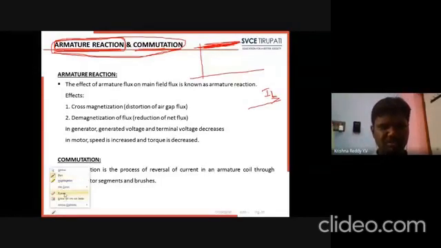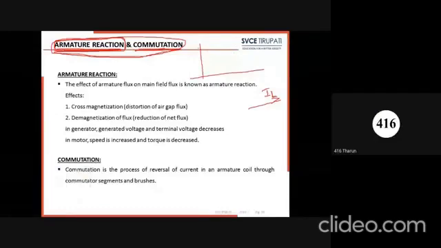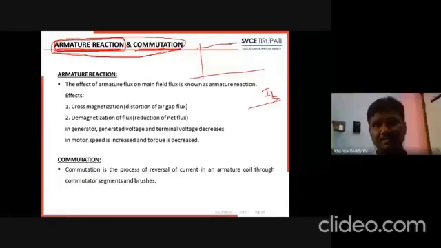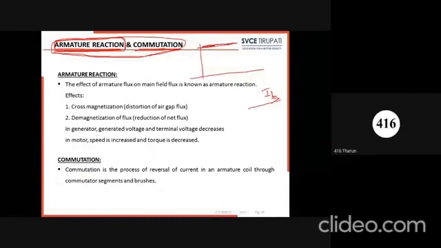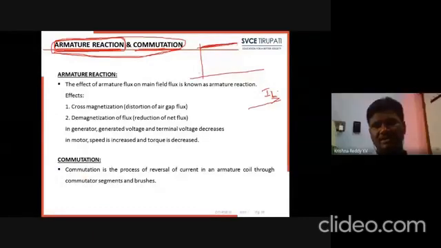Why are we getting reduced voltage? Armature reaction. Okay. As the load increases, the armature current increases. Due to this armature current, it produces a certain amount of armature flux.